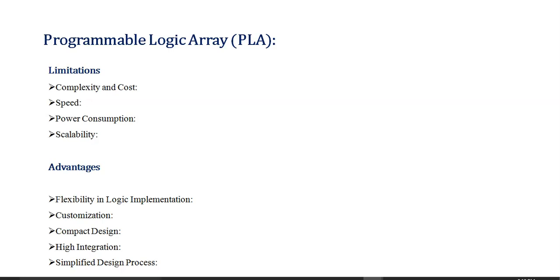That is, integration means you are integrating everything on a single chip. And last one, simplified design process. The programmability of the AND and OR array simplifies the design process, and this is what are the limitations and advantages of PLA. Hope the things are clear to you, and I have explained it using one example implementation also.